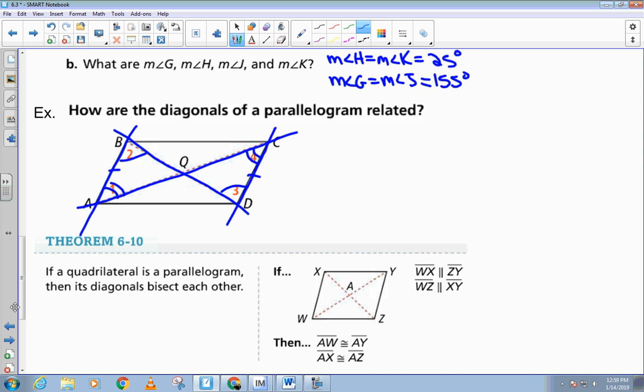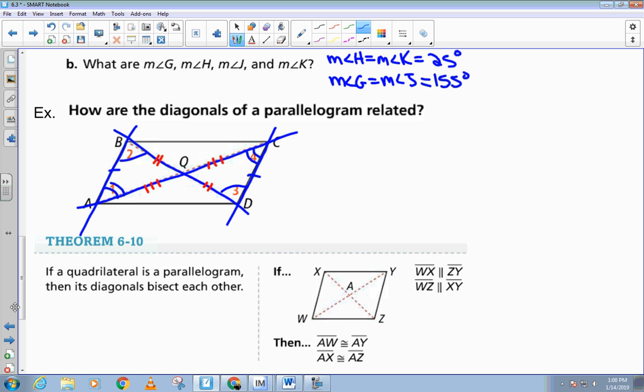Did we just learn that if it's a parallelogram, opposite sides are congruent, right? So yes, now these triangles are congruent by angle, side, angle, which means that these two sides are congruent, and these two sides are congruent. So yes, the diagonals bisect each other.